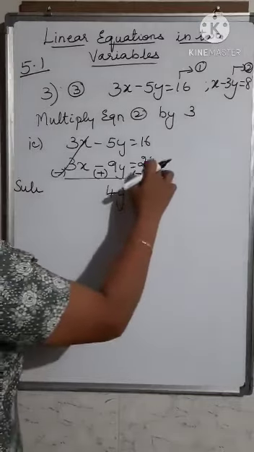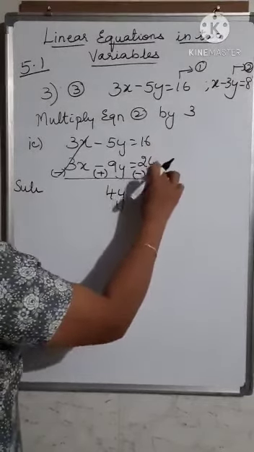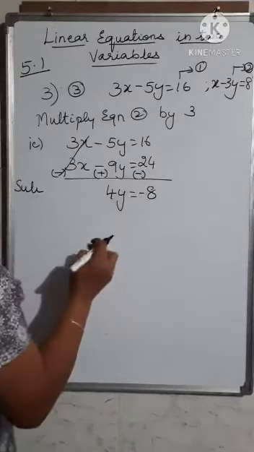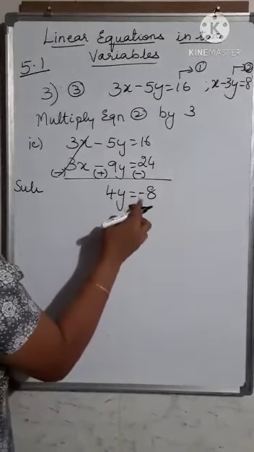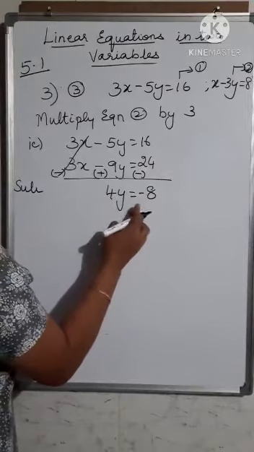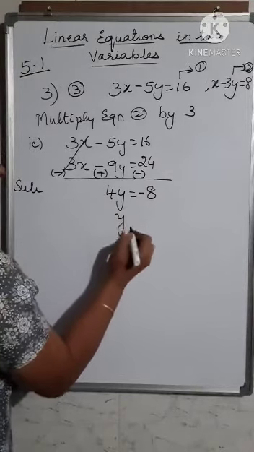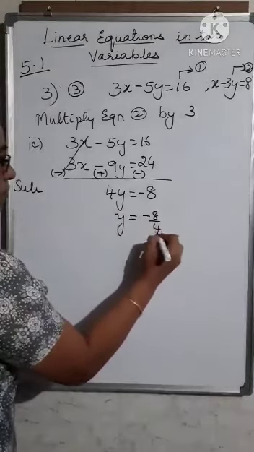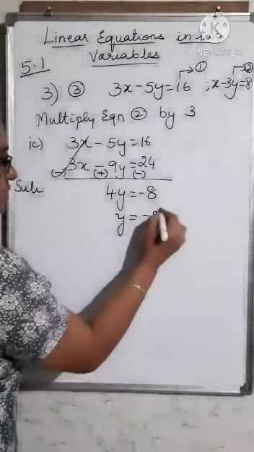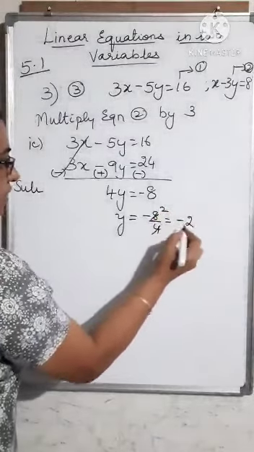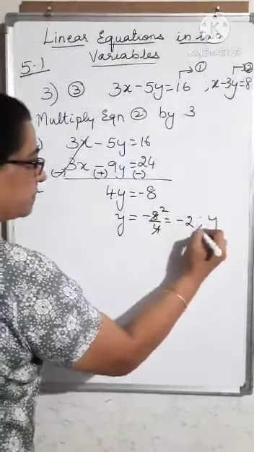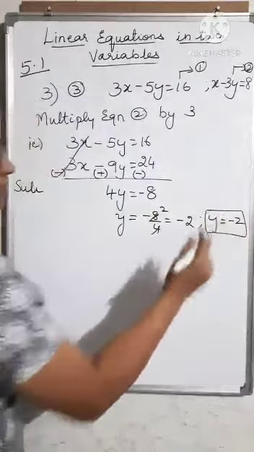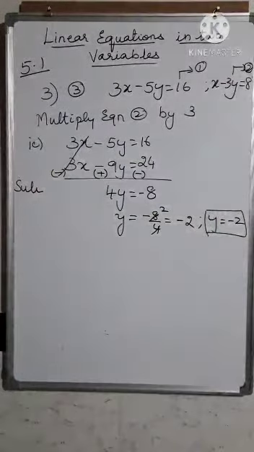You get 8 minus 8, with the sign of the bigger number. So y is equal to minus 8 upon 4, which is minus 2. So you got the value of one variable, y is equal to minus 2.